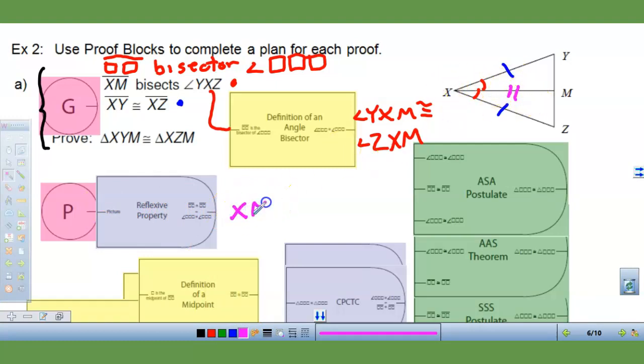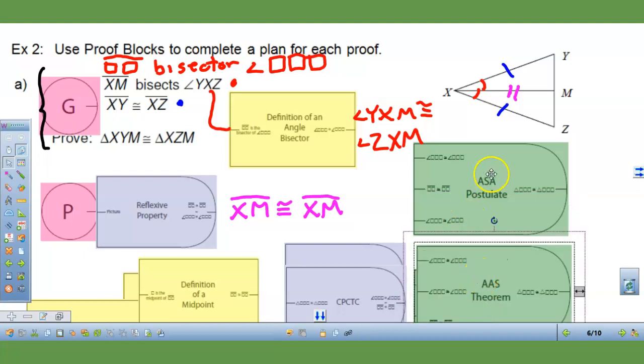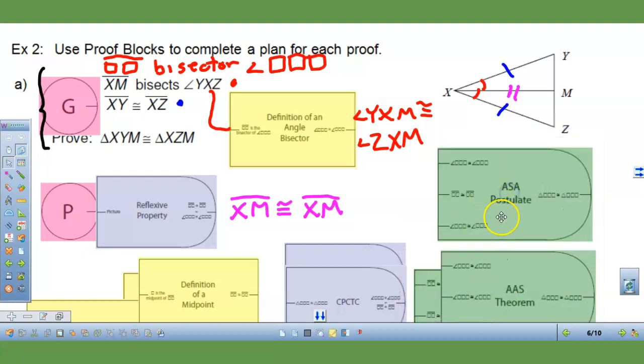Segment XM from the top triangle is congruent to segment XM in this bottom triangle. It's congruent to itself. We just write it out formally. Now I know it's scattered around a little bit, but we just satisfied everything we need for this angle side angle postulate.